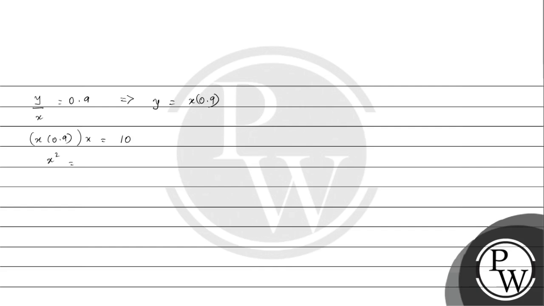So x squared is equal to 10 by 0.9. तो इससे हमें मिलता है value of x to be 3.33. So we get the value of y to be 3 meters from this very same equation, where y is essentially 10 by 3.33.